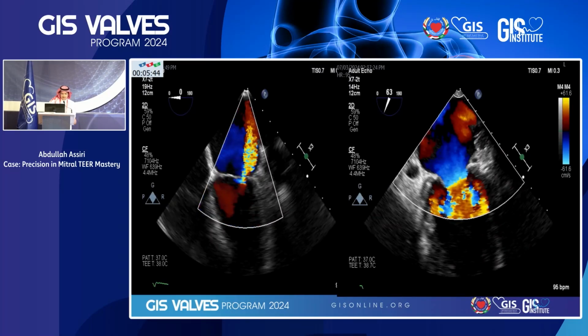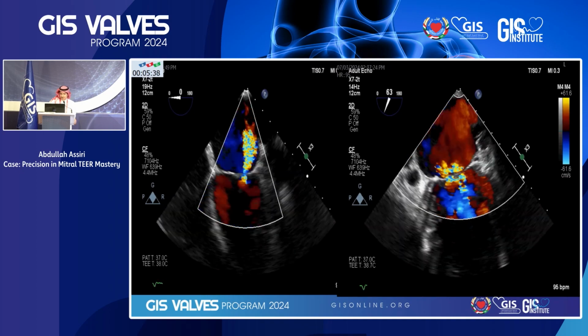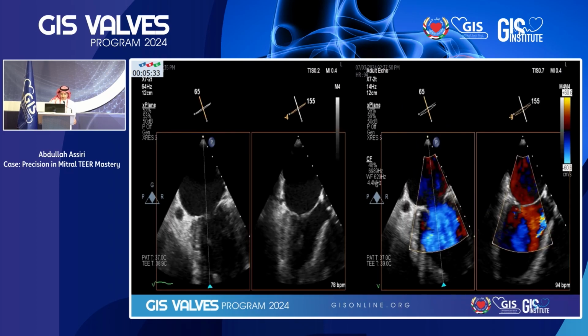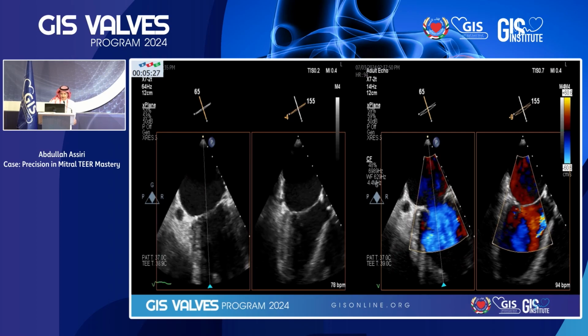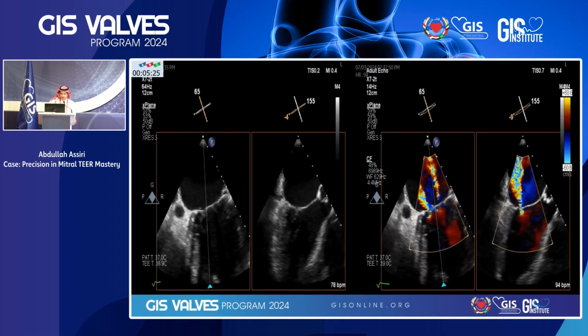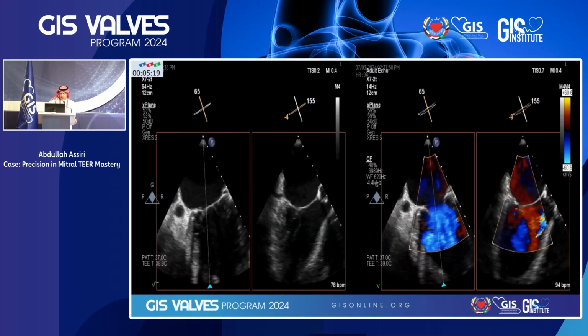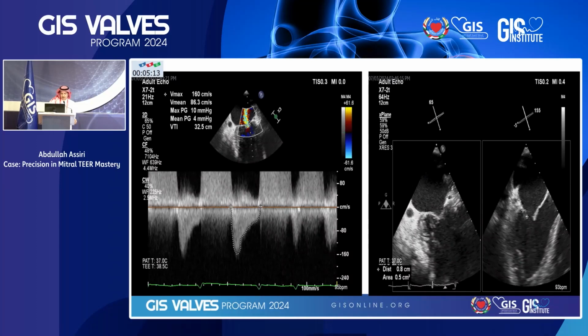This is the modified bicaval view, showing dilated RV and dilated RA again. Severe MR in the intercommissural view and LVOT, showing it's in the A2-B2 area. Again in the intercommissural view and LVOT, the same finding: long anterior mobile leaflet, short mobile posterior segment with severe MR. The mitral mean pressure gradient was 4, and the mobile part of the posterior segment is 0.921.